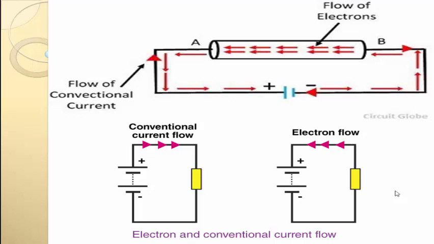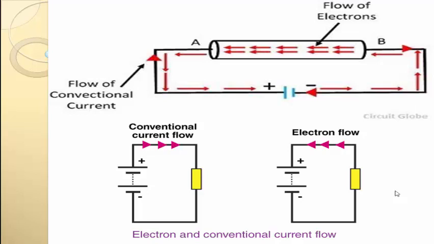When the charges are flowing from the positive end to the negative end, as you can see in the conventional current flow, when the charges are moving from the positive end of the battery to the negative end of the battery, that current is taken as conventional current flow.